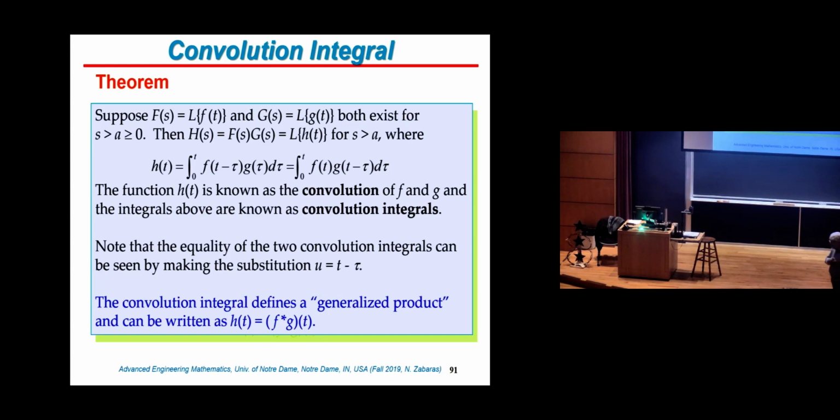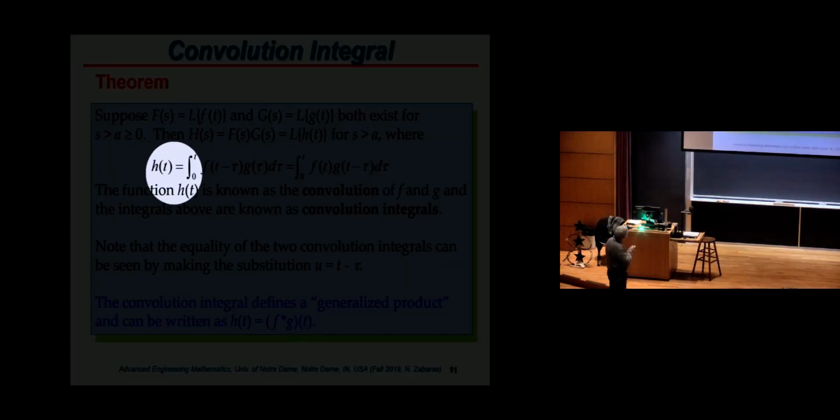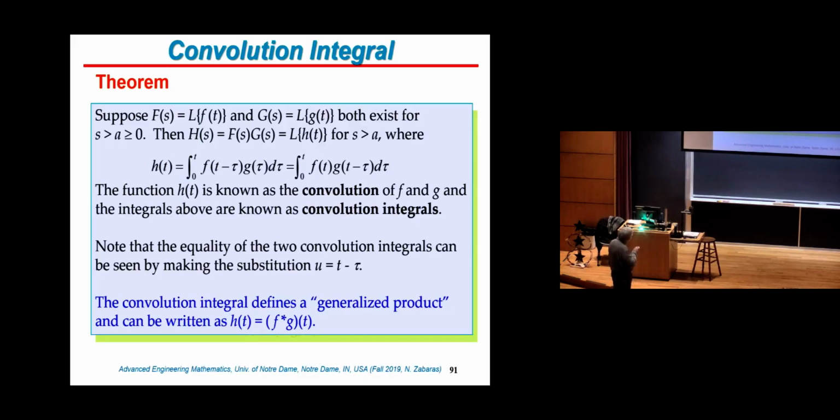So if you have the product of 2 Laplace transforms, the corresponding function is not the product of F of t and G of t. The corresponding function is the convolution that you see in here. This theorem is extremely, extremely important, okay? Very relevant to everything.